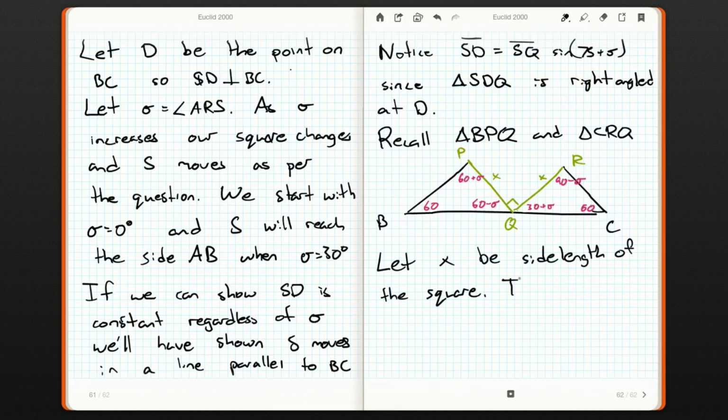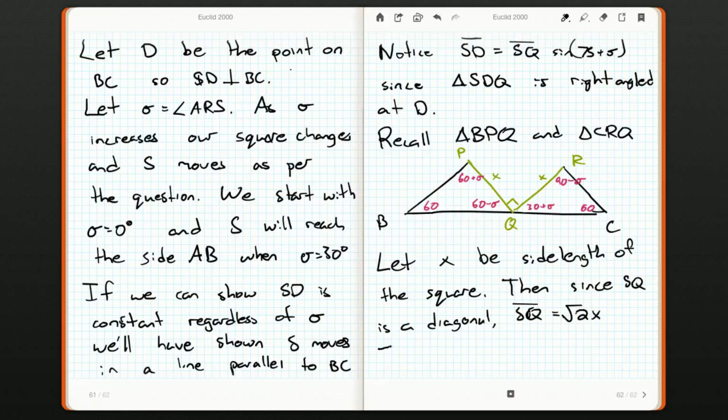Okay? So since SQ is a diagonal, it's not that hard to see, SQ is going to be square root of 2 times x. Okay? So if we can work out what x is, we'll have a better understanding of what SQ is.